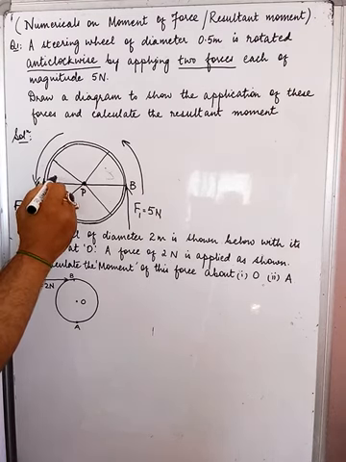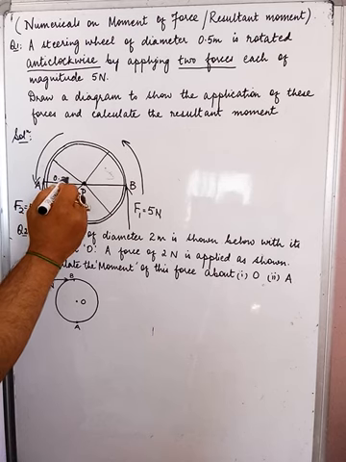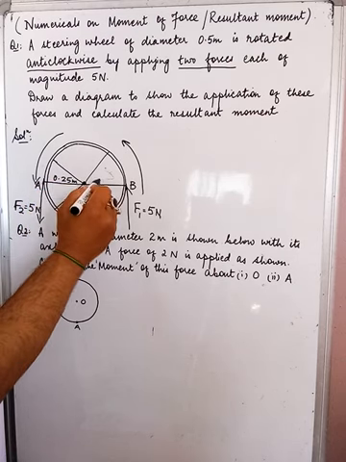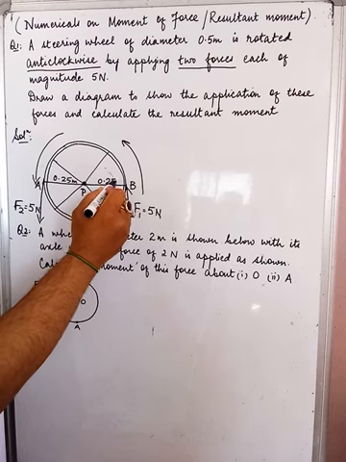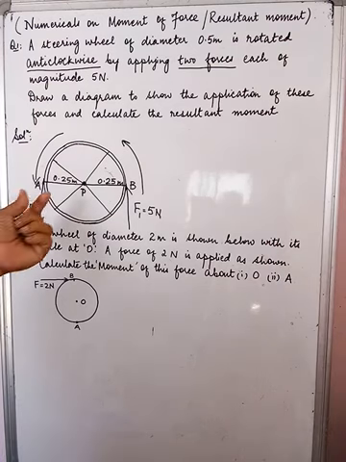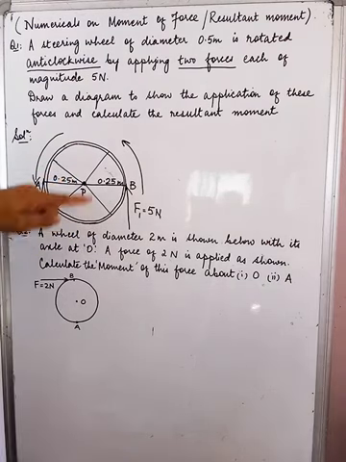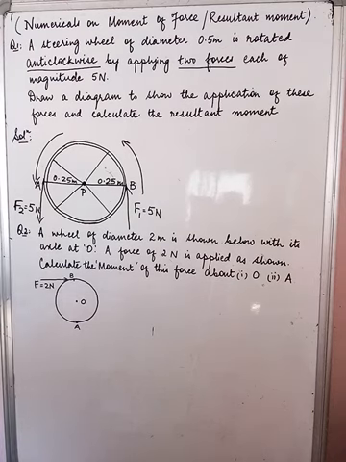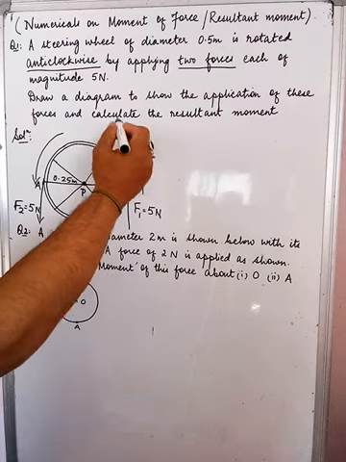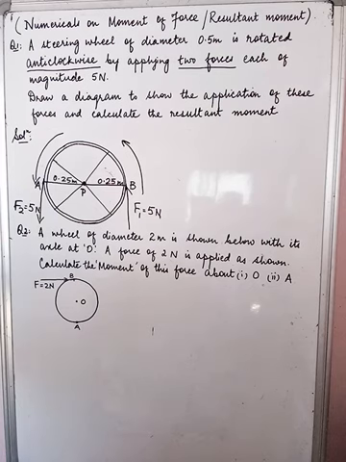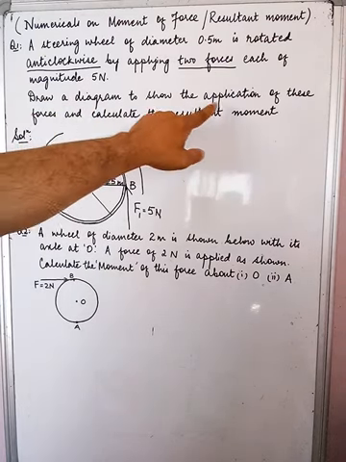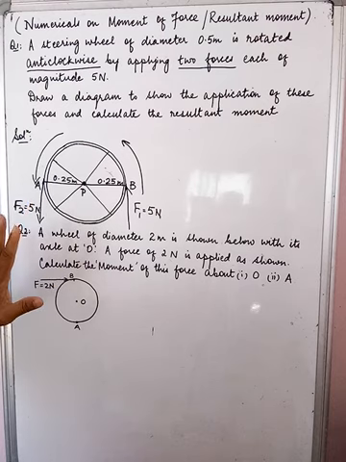So obviously this becomes 0.25 meters and this becomes 0.25 meters, because these are the two radii of the same circular steering wheel, so these become the respective distances. If you have analyzed the solution till now, you will find that the diagram to show the application of these forces is ready. So this is the diagram. Half of the question has been solved.